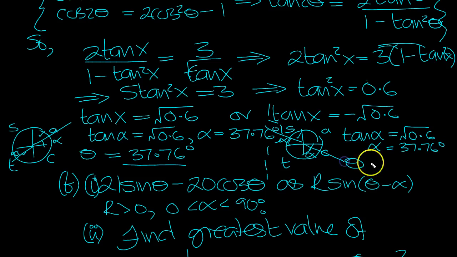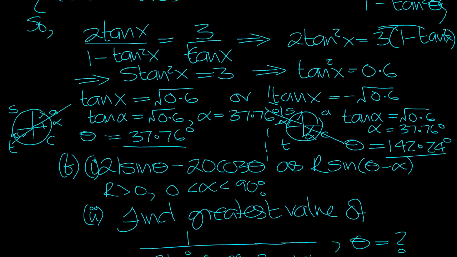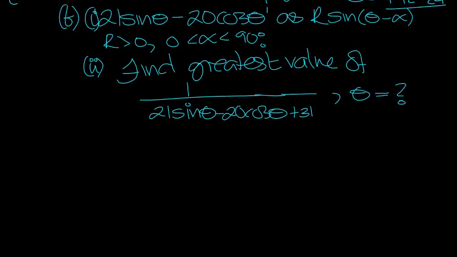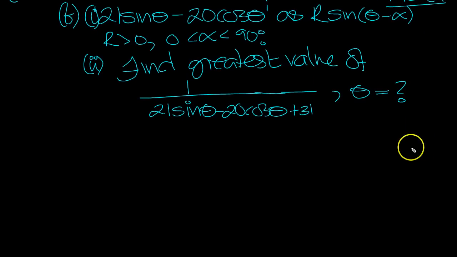So theta is equal to 180 back 37.76 then, isn't it? 142.24 degrees. So there's our values for theta in the range from 0 to 180. Now 2 solutions. That was part A. Now let's move on to part B.